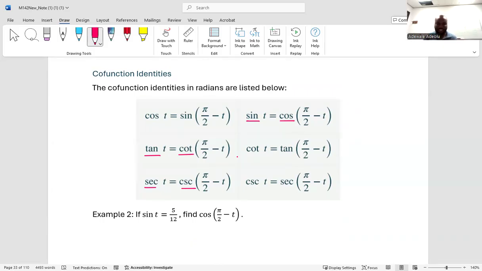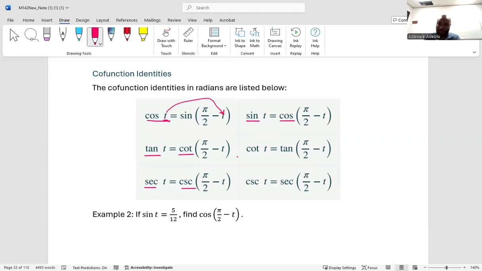In general, we say, if I know the cosine of an acute angle, the sine of that angle will be equal to the cosine of 90 degrees minus that angle.